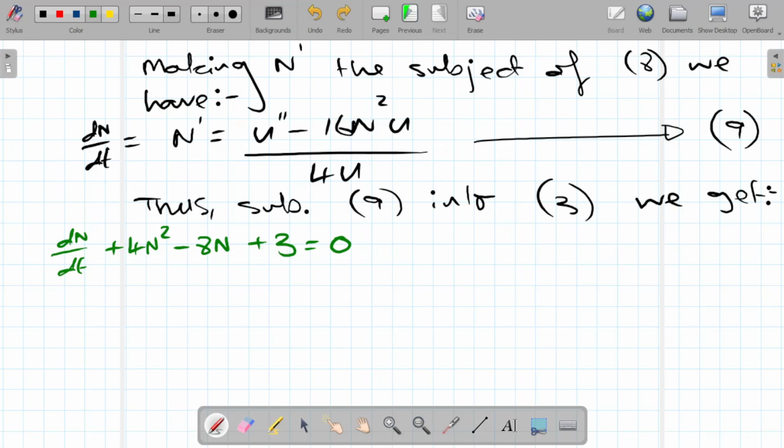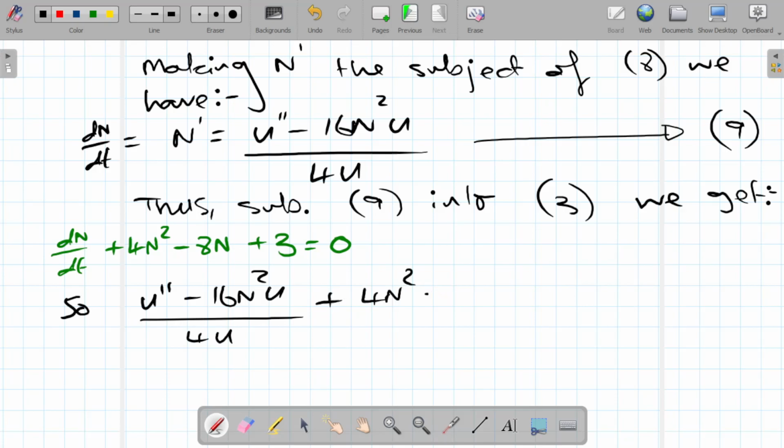So we'll just make the page look a bit neater. So what we've got is u double prime minus 16n squared u, all divided by 4u, plus 4n squared minus 8n plus 3 equals 0.